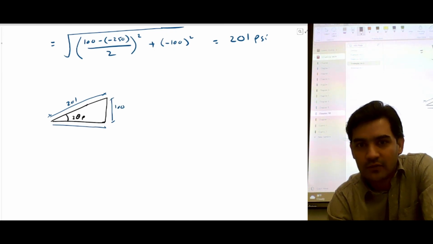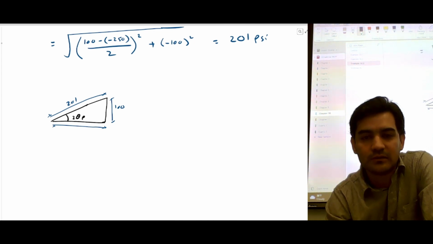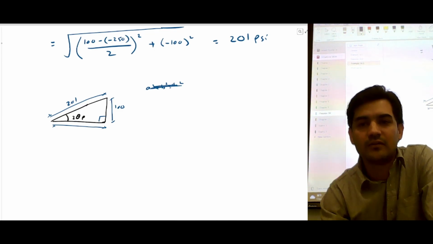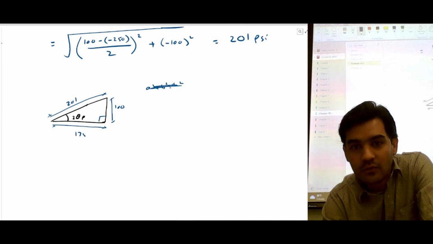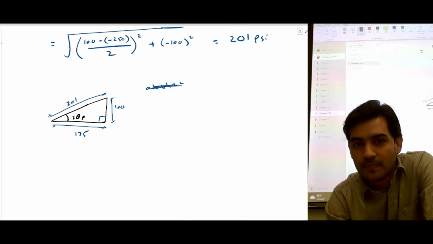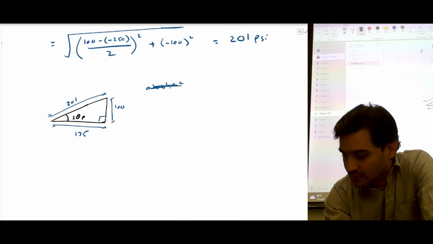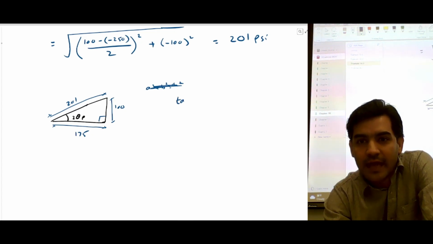We can also calculate the remaining distance from the Mohr circle, or you can use the formula for the hypotenuse, a squared plus b squared equals h squared. You're going to get 175.